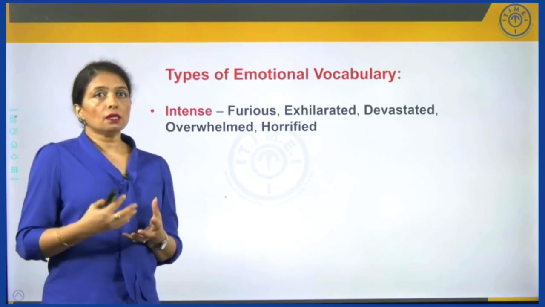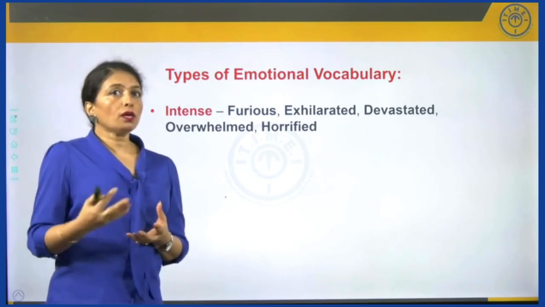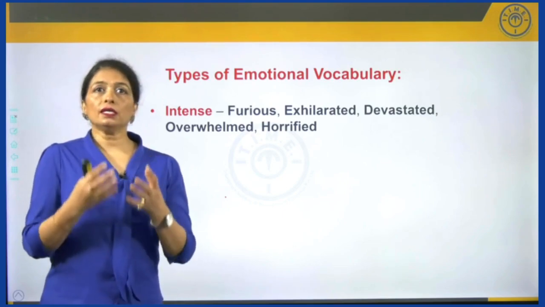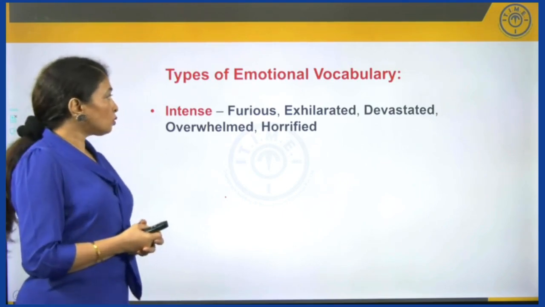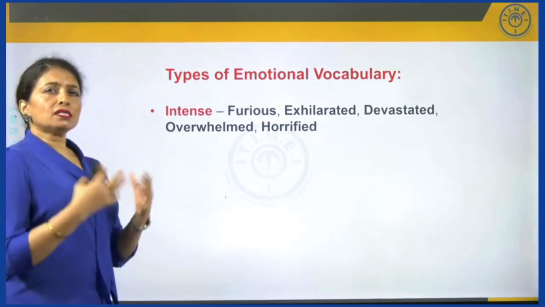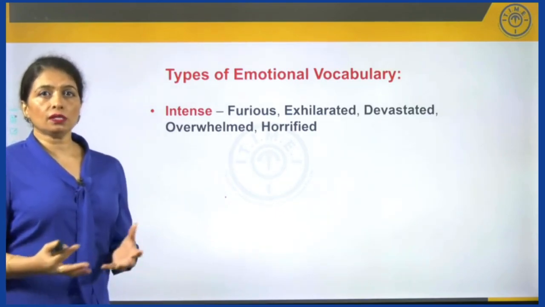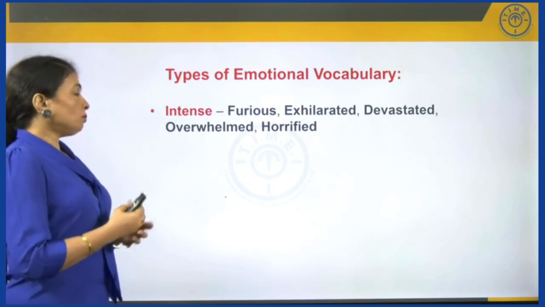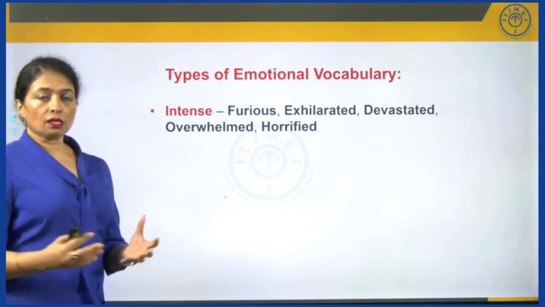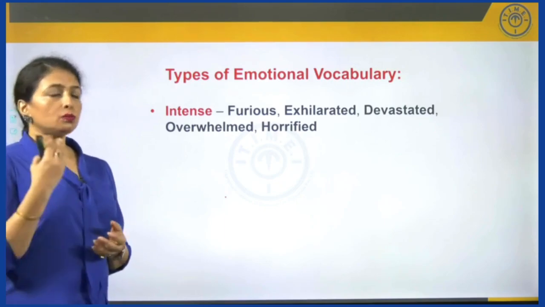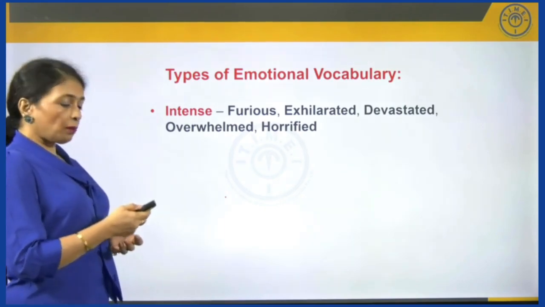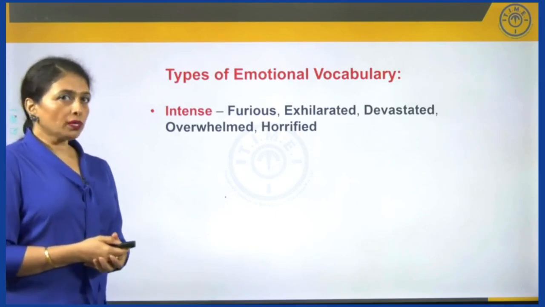It makes us a little wild and makes us go uncontrolled. So, that is what intense vocabulary is about. When we are exhilarated, it's a very positively intense word. When you hear somebody is devastated, again it is something very deep, very profound. Similar are overwhelmed and horrified. These are a few examples.